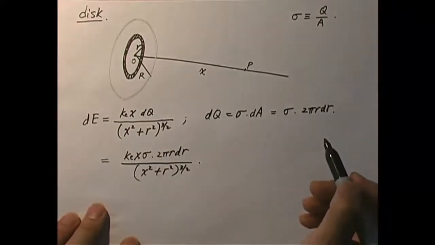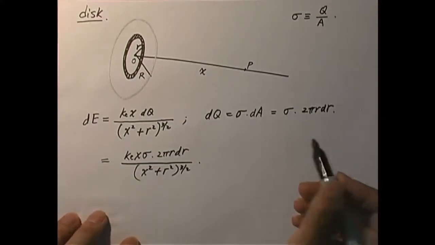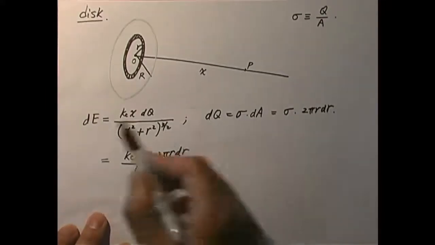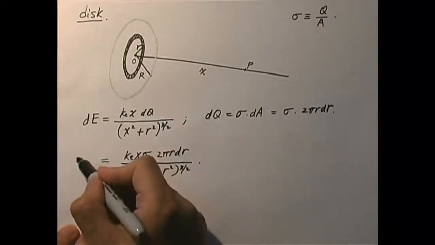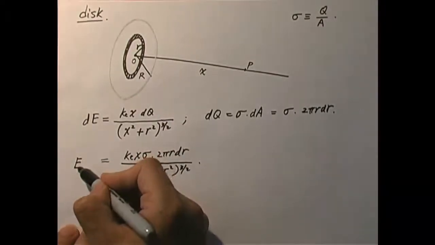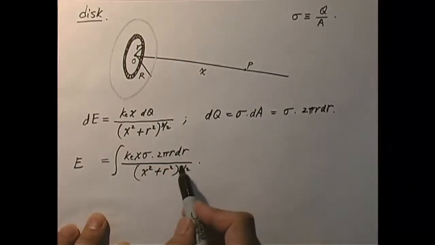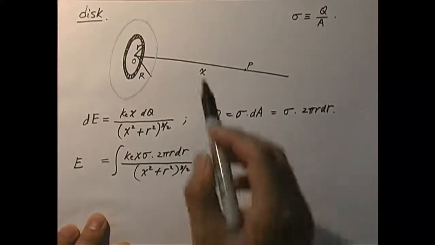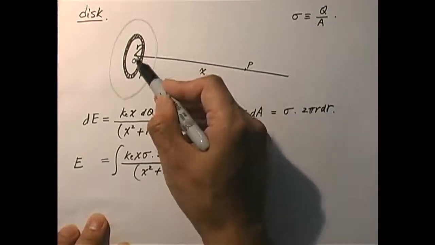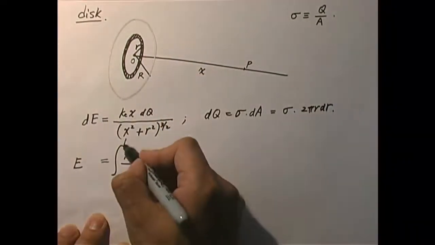That's dE. So what is E equal to then? Well, E is the integration over dE. So E equals the integration of dE. And then, of course, I have to integrate over r, which is from 0 to big R.